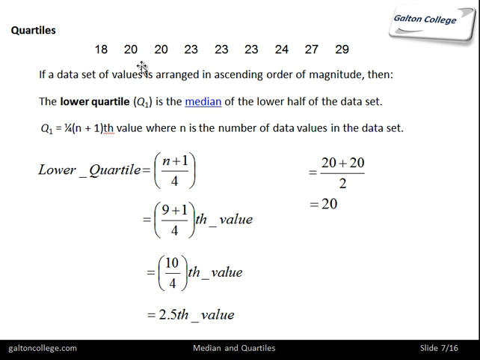So what we do in that case is we take the one just below it and the one just above it. So we take the second and the third and take an average, which in this case is simple. It's 20 plus 20 divided by 2, which is 20. So we're taking an average of the second and the third, because it's 2.5.